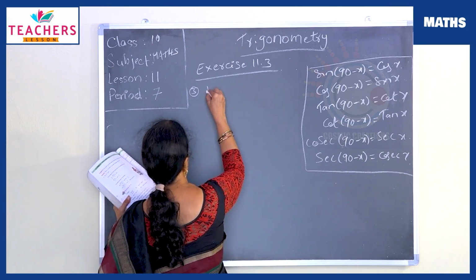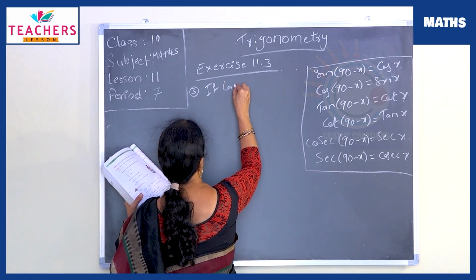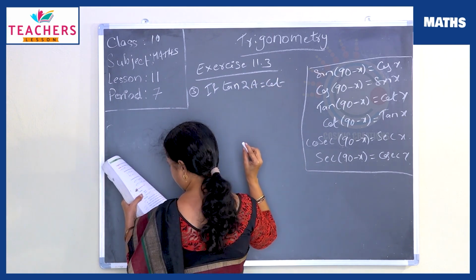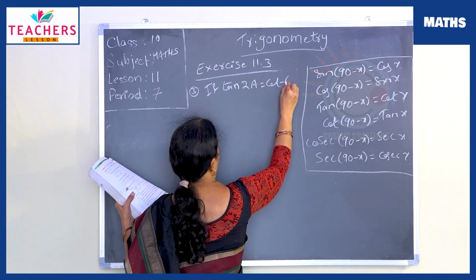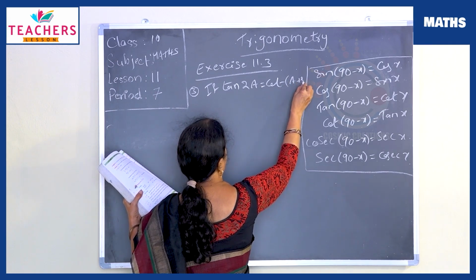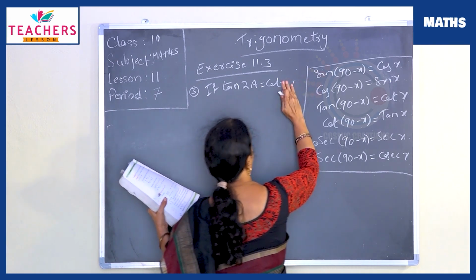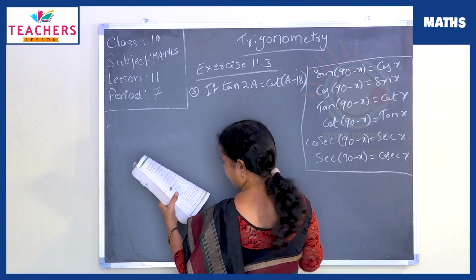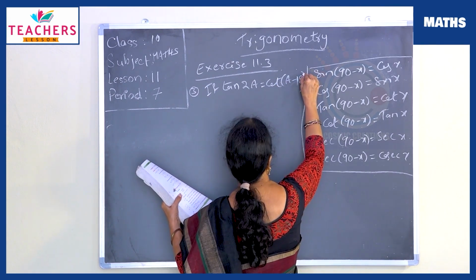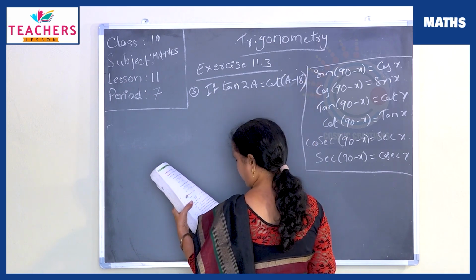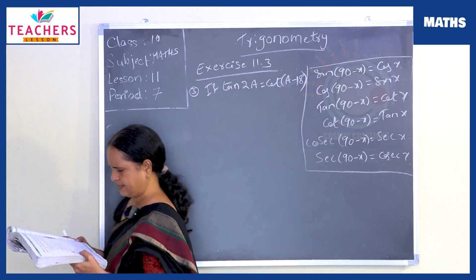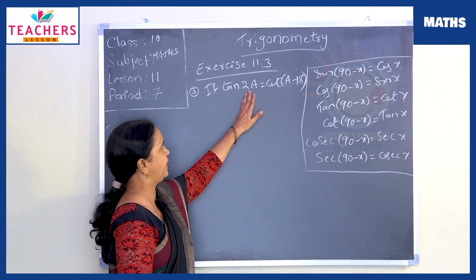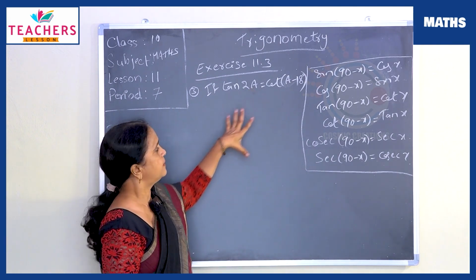If tan 2a equals cot of (a minus 18), where 2a is an acute angle, find the value of a. We need to find the value of a.